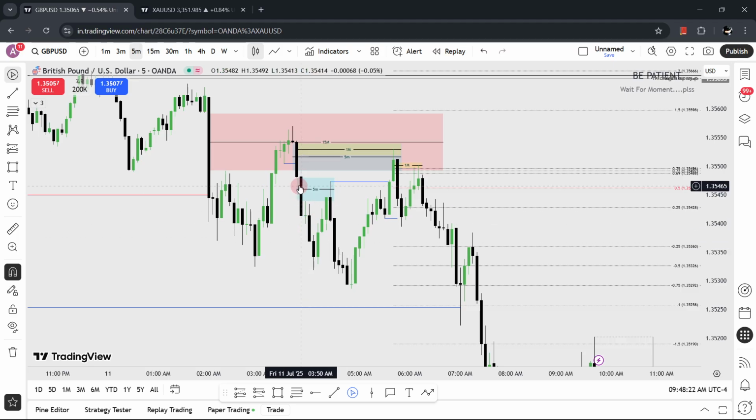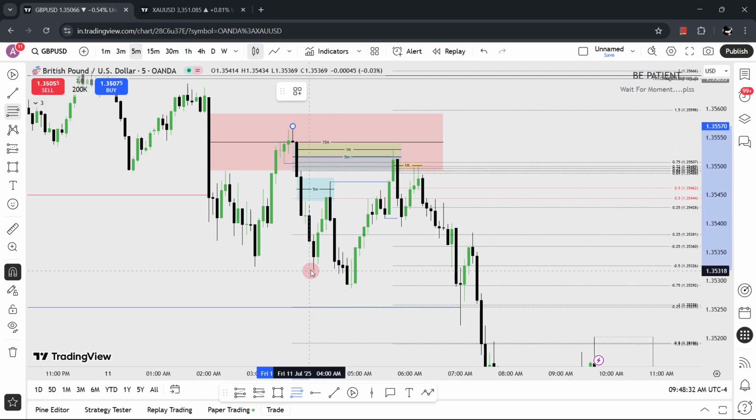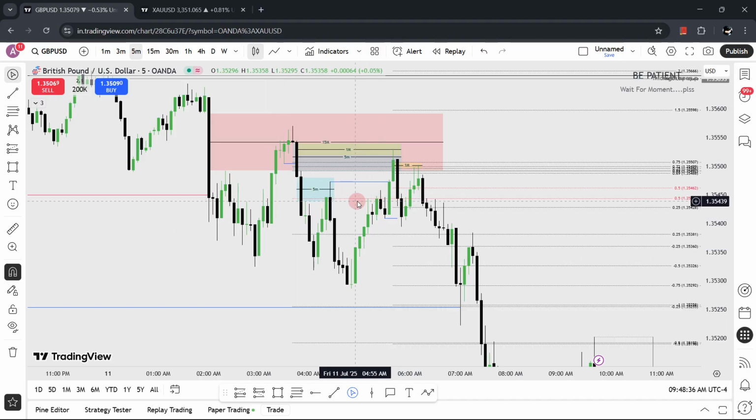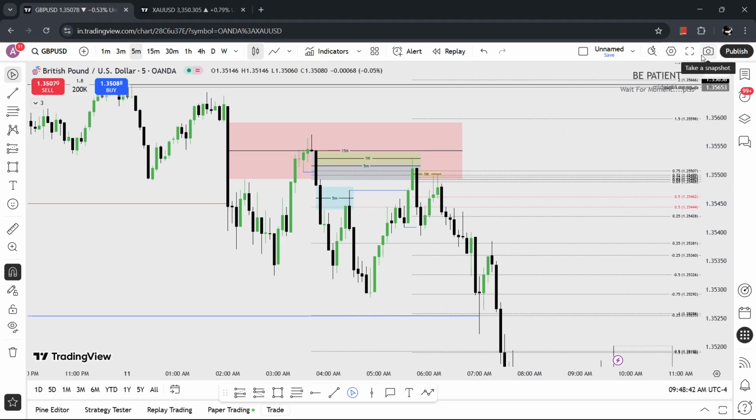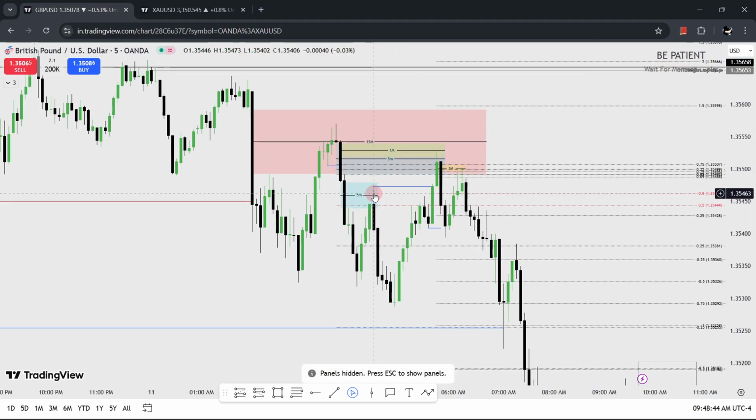I entered on the 5-minute. The only fair value gap close to this 50 percent level is this 5-minute fair value gap.